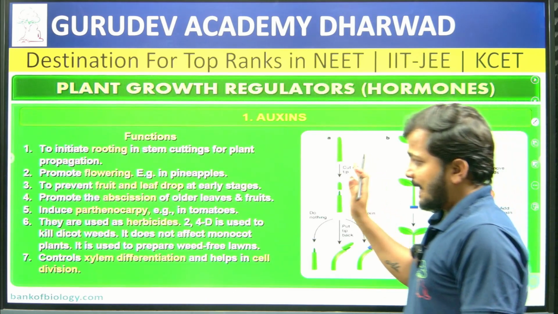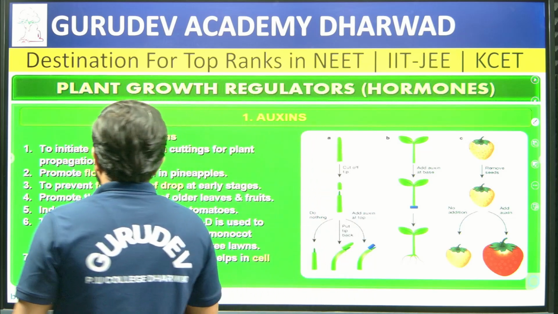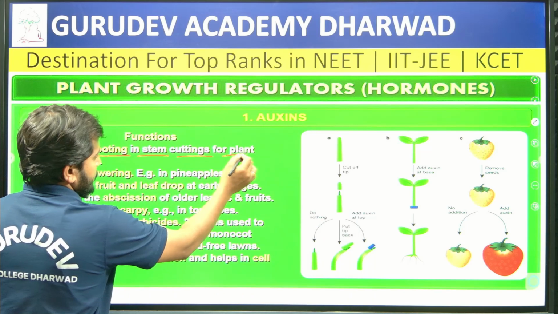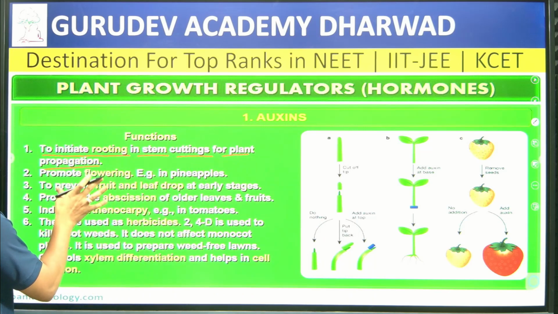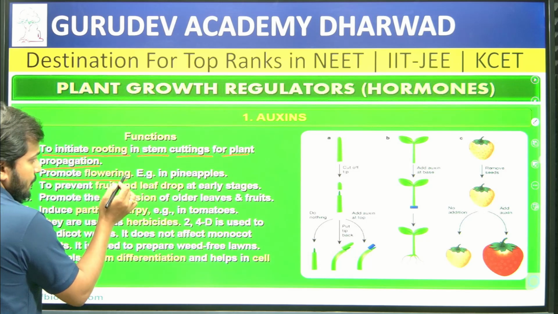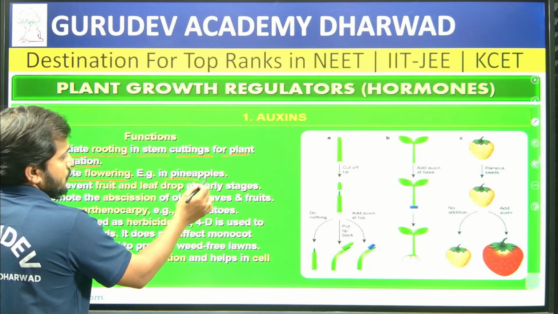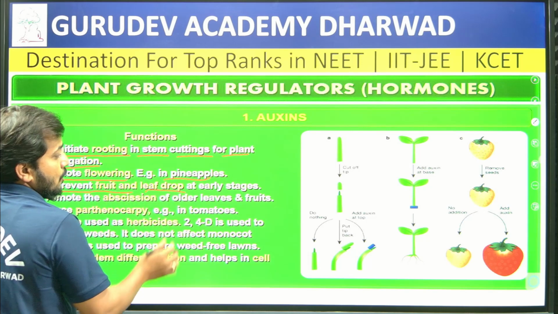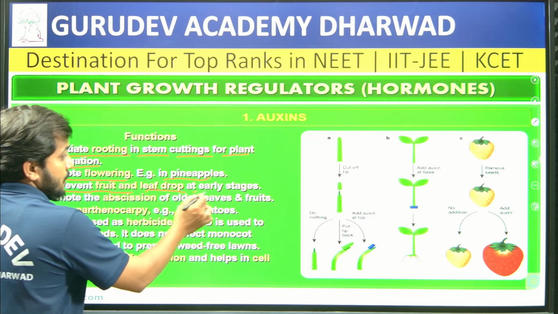Now, what exactly is the function of auxin? Auxin initiates rooting in stem cuttings for plant propagation. It promotes flowering, for example in pineapple, and prevents fruit and leaf drop at an early stage.